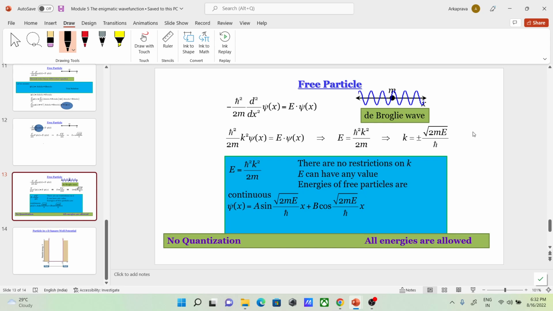The average momentum of a particle in a box will be zero. So if you have plus minus here also, and if k represents the momentum, why should that also be zero? He says k represents the momentum of the free particle, the eigenvalue.